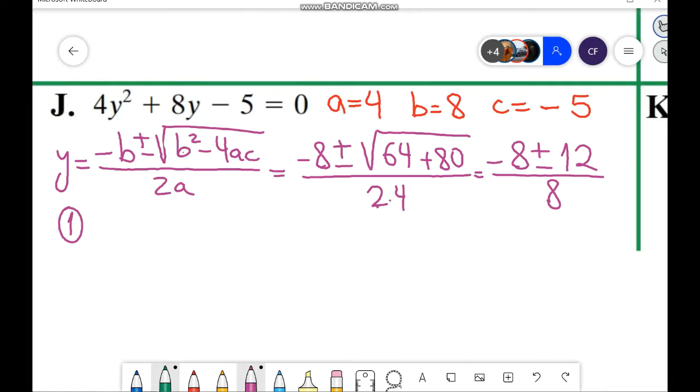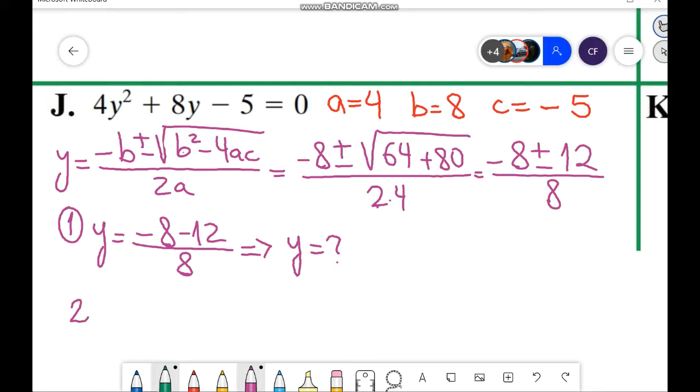The first one, y equals negative 8 minus 12 over 8. And y equals what? And the second, y equals negative 8 plus 12 over 8.